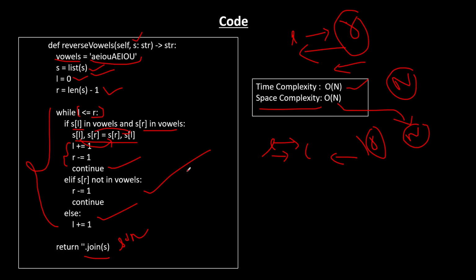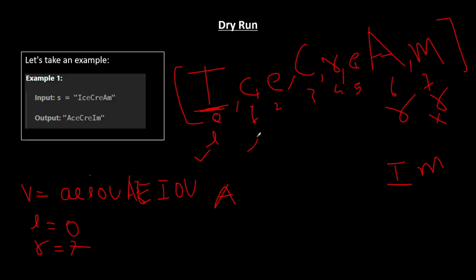Now our condition says we increment L and we decrement R. So L comes here and R comes here. Now L is C and R is E. Yes, R is a vowel, but L is not. So we increment L. L comes here.